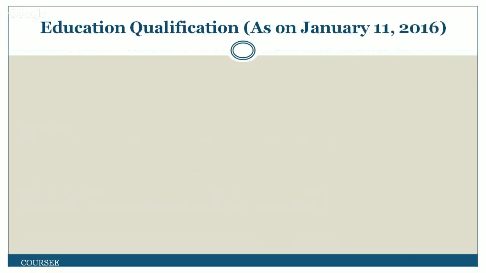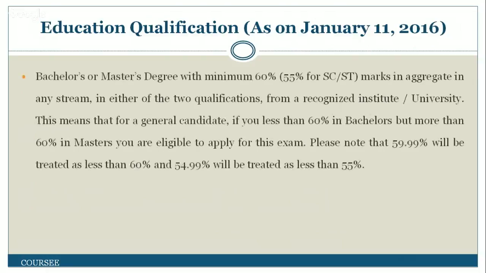Now, we see the educational qualification for the SIDBI exam. Bachelor's or master's degree with minimum 60 percent, 55% for SC and ST, in aggregate in any stream in either of the two qualifications from a recognized institute or university.